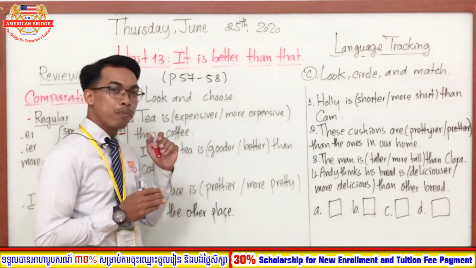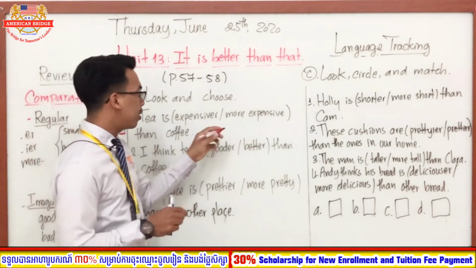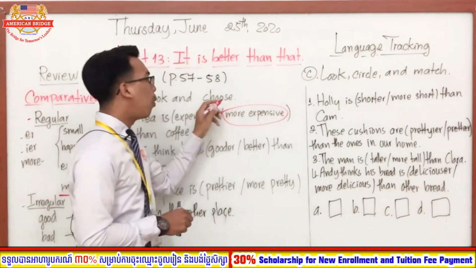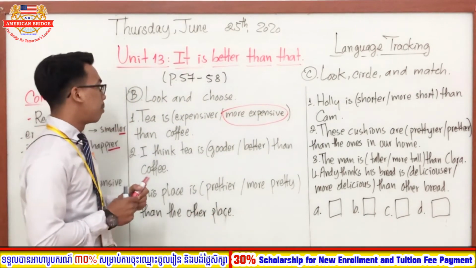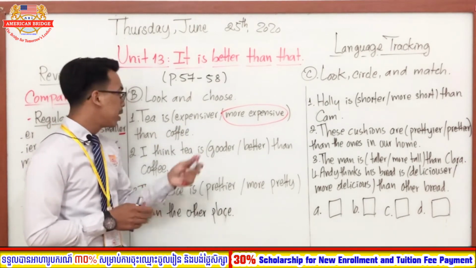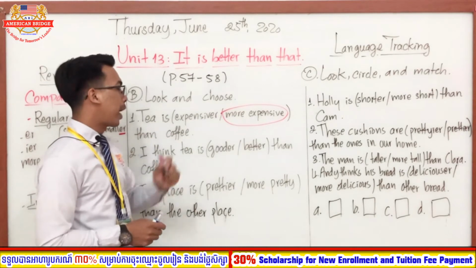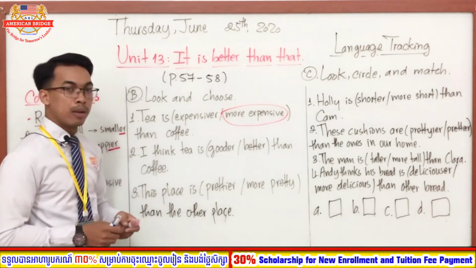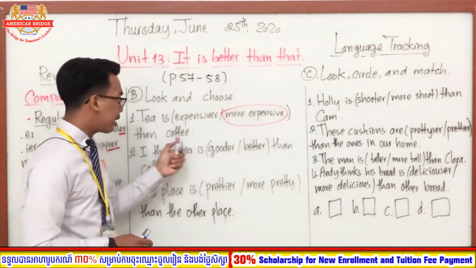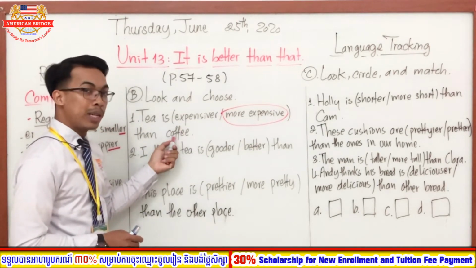So we add more. Very good. The second one is the correct answer: more expensive, not expensive-er. We do not add er. So tea is more expensive than coffee. You got that, everyone? Very good.